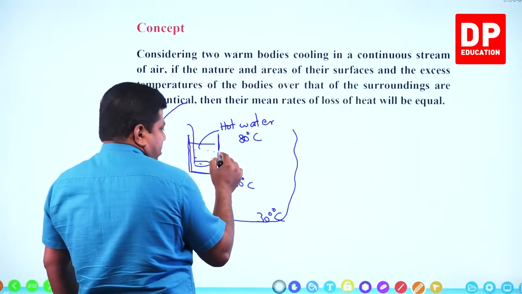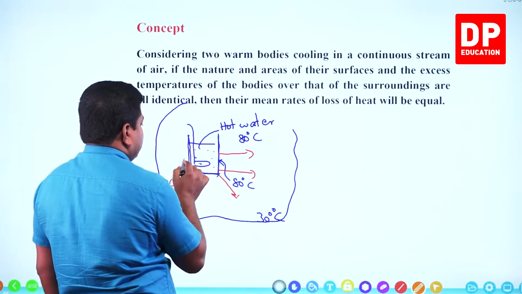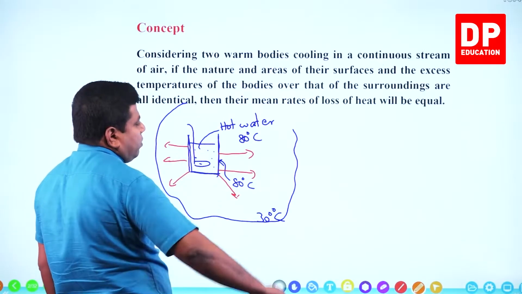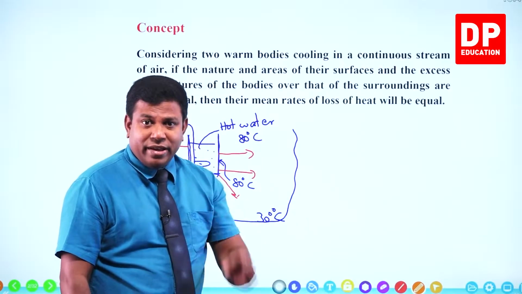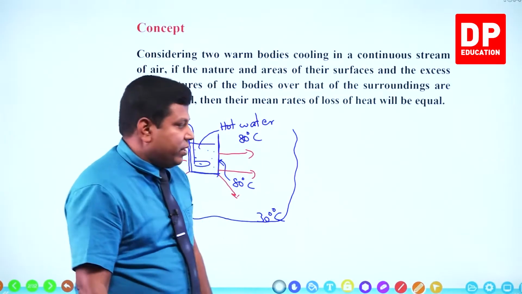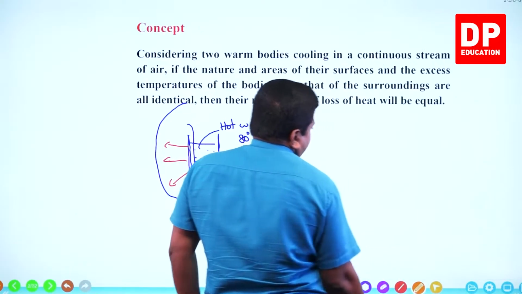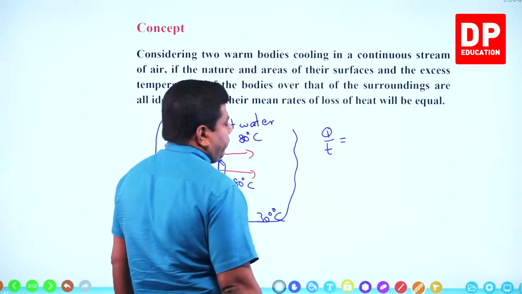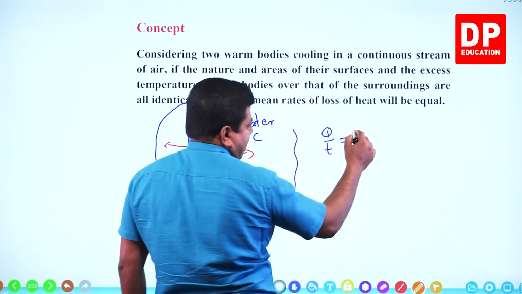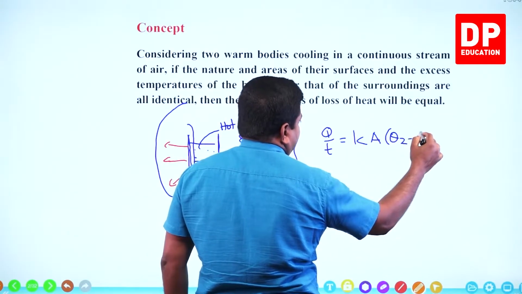Let me mark from the surface. From this surface, heat is going to be lost. This heat loss rate, there is a formula for that. The heat loss rate is equal to K A (theta 2 minus theta 1).